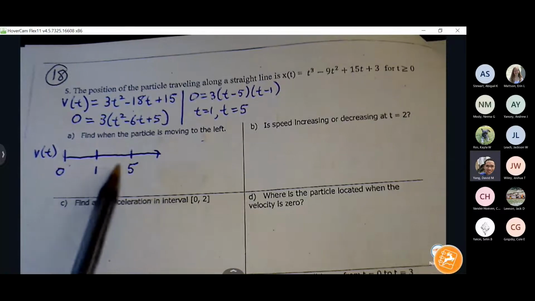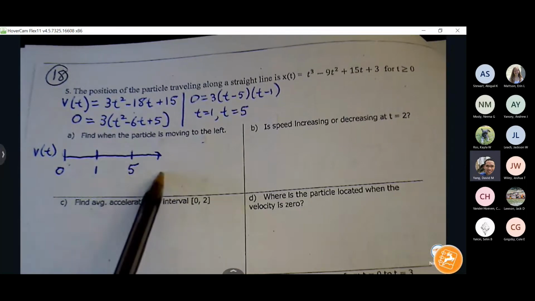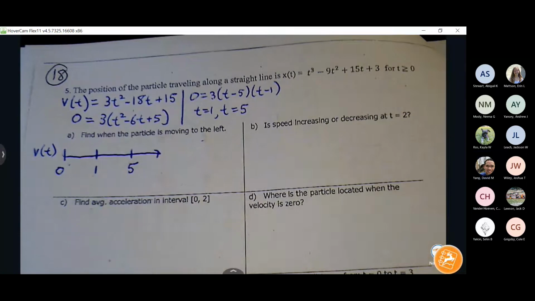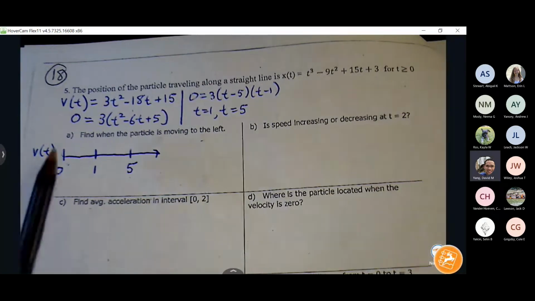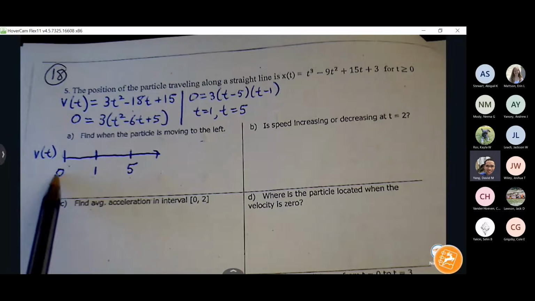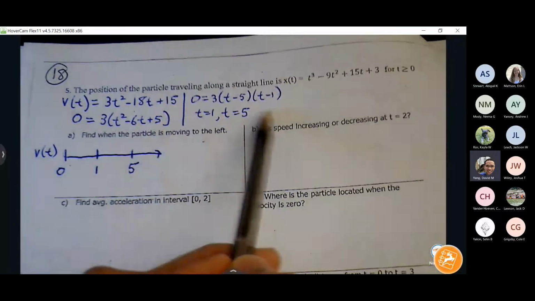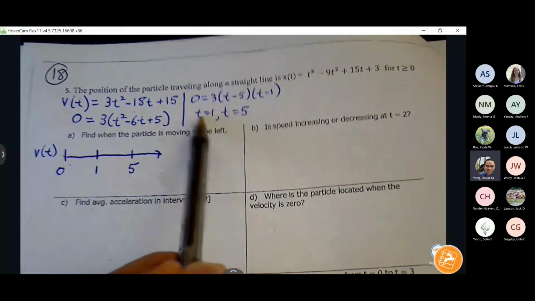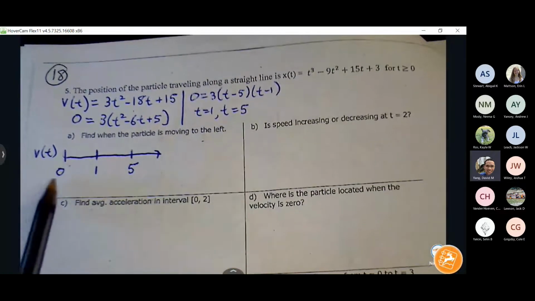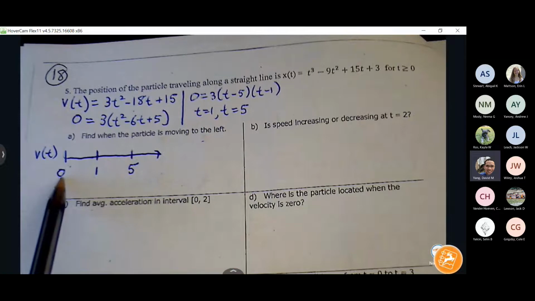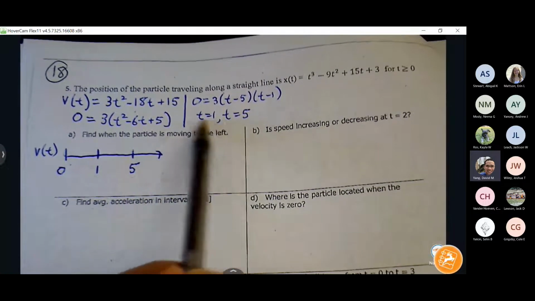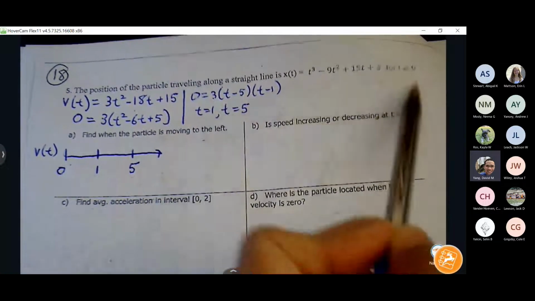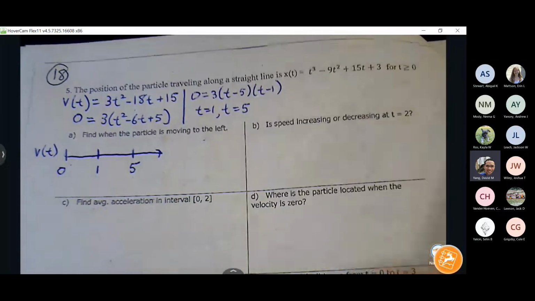The 1 is parentheses, 5 is parentheses, and infinity is also parentheses. The only time that 0 would also be a parentheses is if for some reason 0 showed up from velocity 0. Let's say t is equal to 0, 1, and 5, then 0 would have also been a parentheses. But because it's not showing up as velocity 0 and it's included in the domain, we know there's movement there.